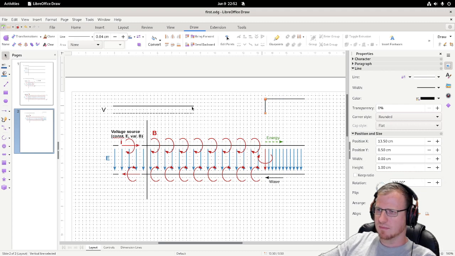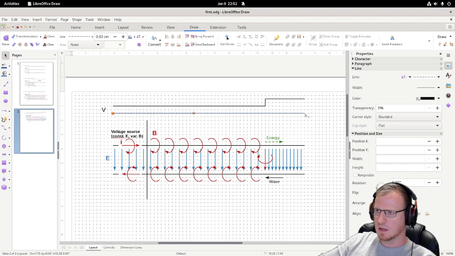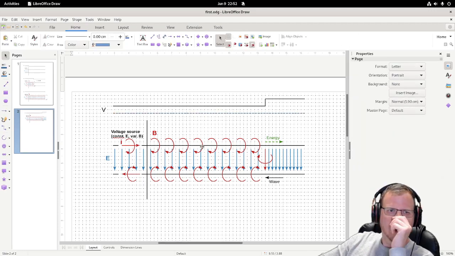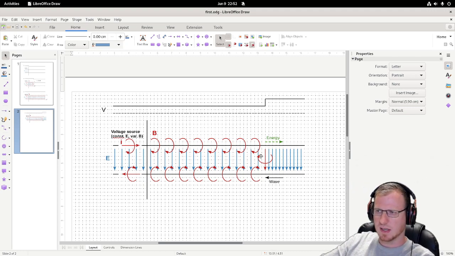The energy that is stored in the fields is cut in half. Half the energy is in the magnetic field and half the energy is in the electric field. But the energy of the magnetic field is converted to electrical field energy.